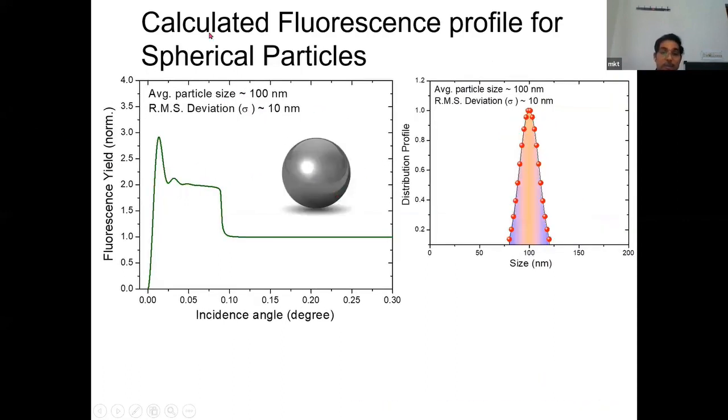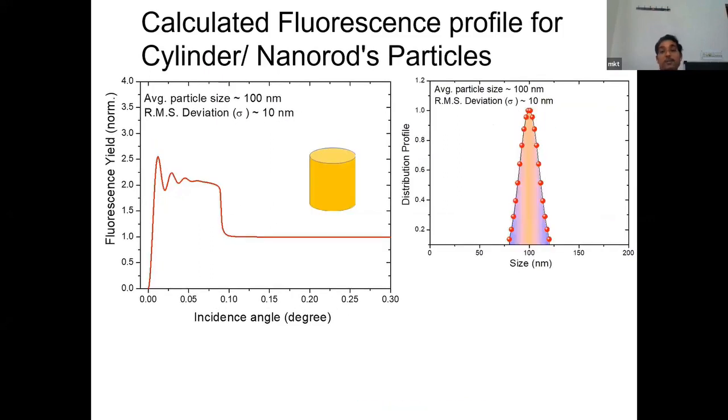This is the spherical case, and this is for cylindrical. The parameters are the same, so that means the fluorescence profile is also sensitive to the shape of the particle.